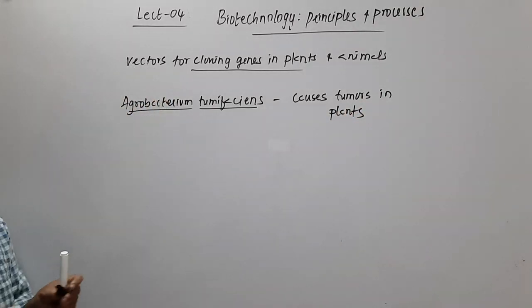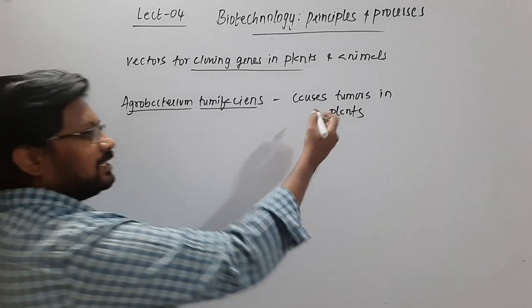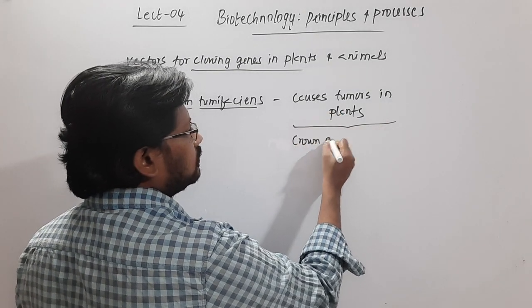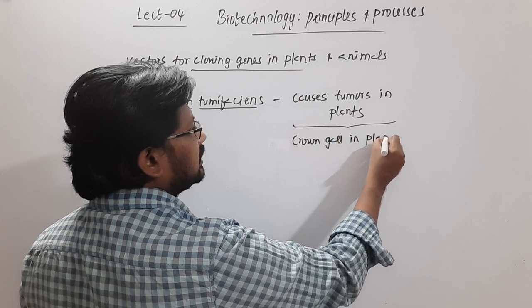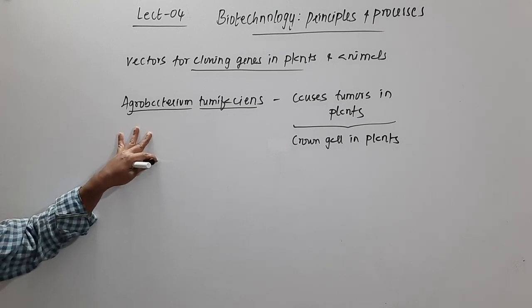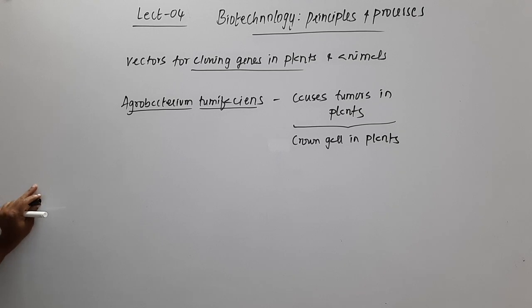So when Agrobacterium tumefaciens infects plants, it causes tumors, which we commonly call crown gall.